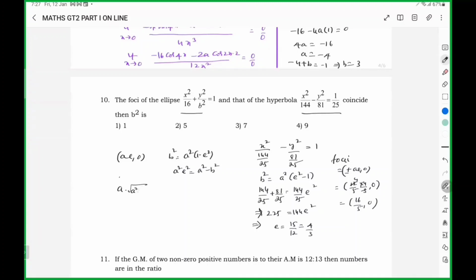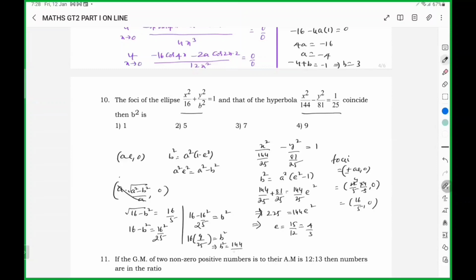E will be a square is 16 minus b square, which is 16 by 5, 16 square by 5. 16 minus b square. 25 minus 9. So b square is 144 by 25.